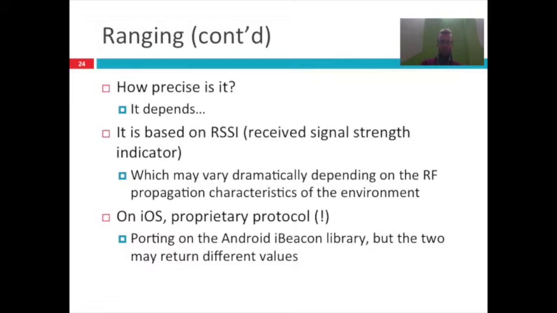But it turns out that actually what you can get on Android and what you can get on iOS might vary. So if you are in the same situation, the ranging information which is returned on an Android device might be different from what is returned on an iPhone. And of course, this is something that people designing applications should always keep in mind.